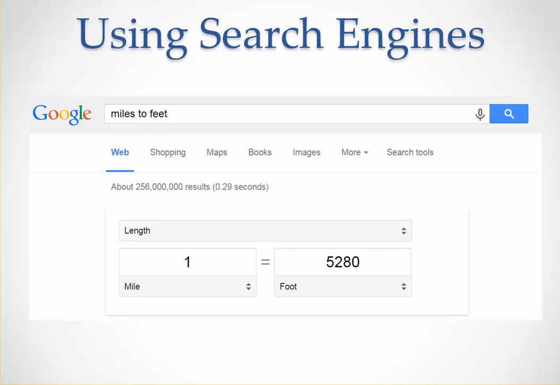When looking to find conversion factors, you can go to your favorite search engine. I like going to Google, and in the search box you can type miles to feet, and then you'll see that the resulting answer is 1 mile equals 5,280 feet.